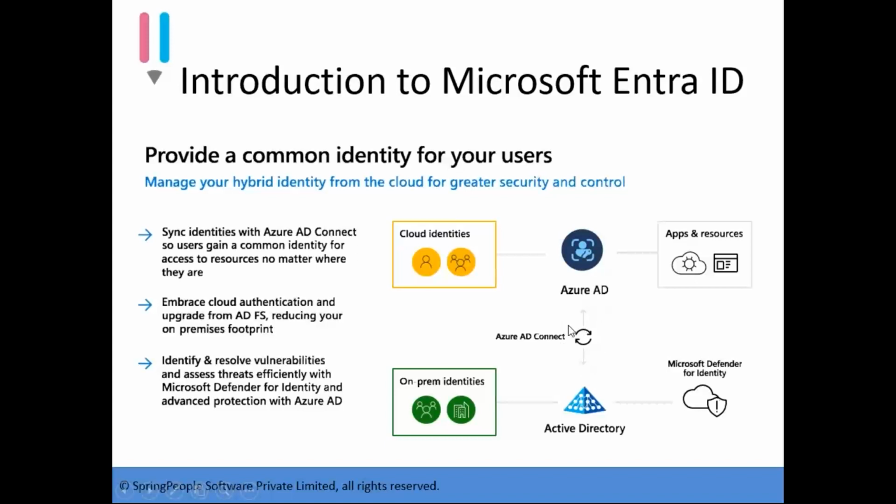You can define your own policies and frequency. You can also bring in the security aspect. You can use Microsoft Defender and other things also coming into play here. So let's move to the next slide.